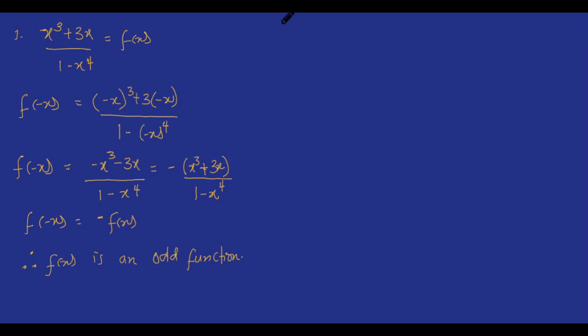So let's take a look at the second function that we've been given. So in the second function, we have that g of x is equal to sine squared x. And sine squared x can be rewritten as sine x raised to the power of 2.